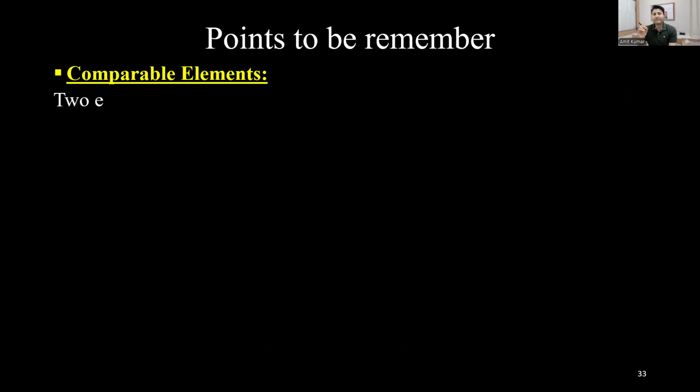So firstly, let us try to understand what we mean by comparable and non-comparable element, because the rest of the part is based on these things. Comparable element: two elements of a poset are called comparable if they are related to each other.